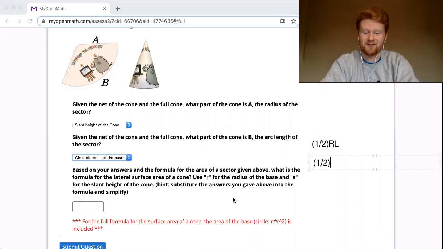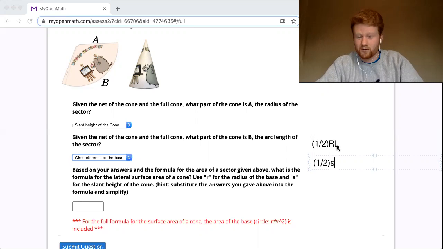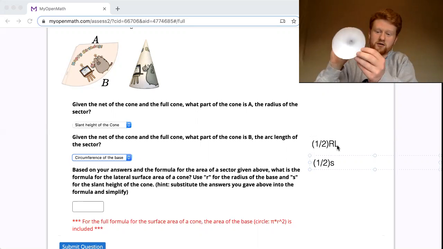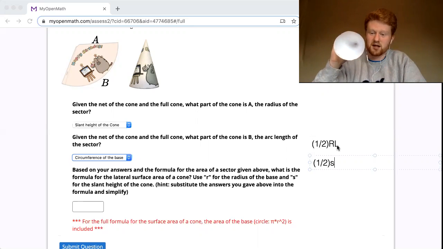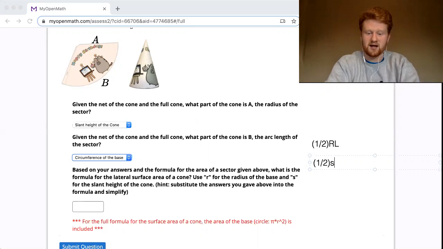And in this paragraph, I've asked you to call the slant height of the cone S. So we're going to simply substitute in S. Now L is the arc length of the sector, and we said that that was the circumference of the base. So how do you find the circumference of a circle? Well, it's 2 pi r. So I've asked you to call the radius of our base, so the radius of this circle, little r. So we're going to write in for L 2 pi r.